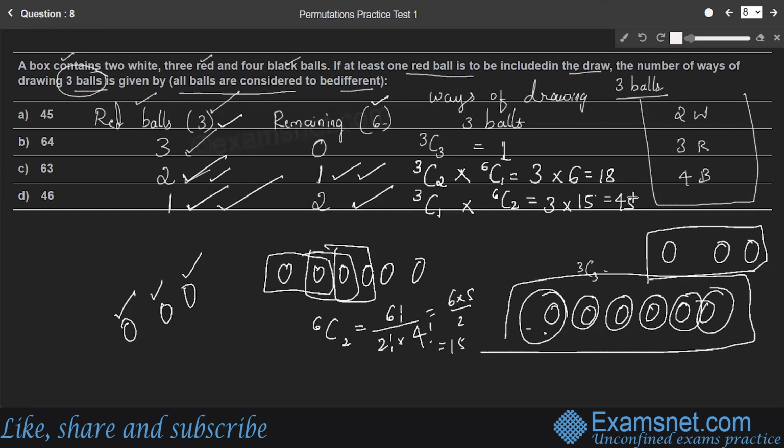So the question is the total number of ways of drawing 3 balls. Totally, there are 1 plus 18 plus 45 ways of drawing 3 balls. 18 plus 1 is 19, 19 plus 45 is 64. There are 64 ways of drawing 3 balls. Hence, option B is the right answer.